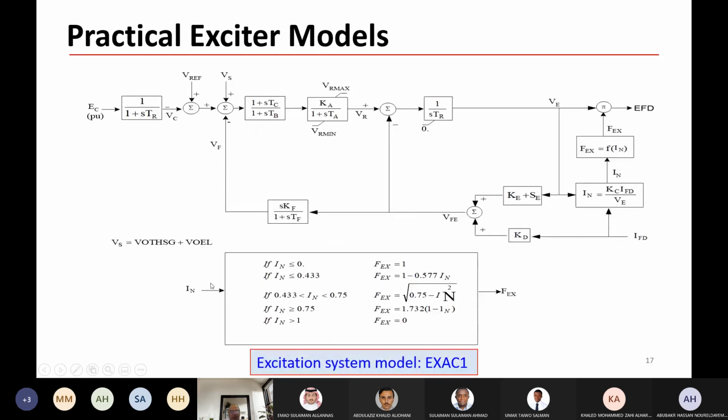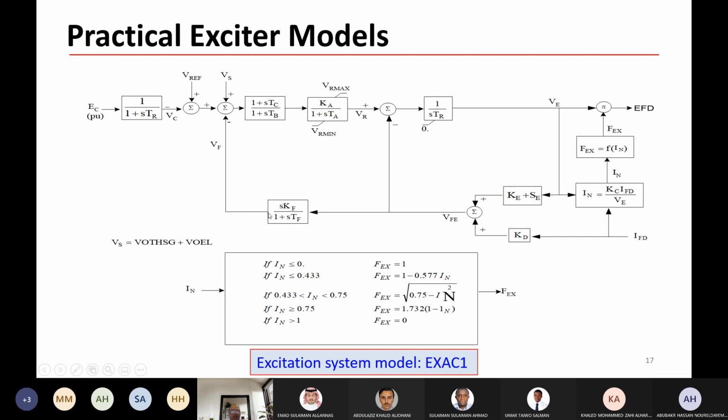Another model, as you can see here, again, a lot of blocks. This is the exciter. The KE comes here. It is 1 over KE plus ST. But the KE comes here in addition to the saturation. And this is the automatic voltage regulator, KA and TA.